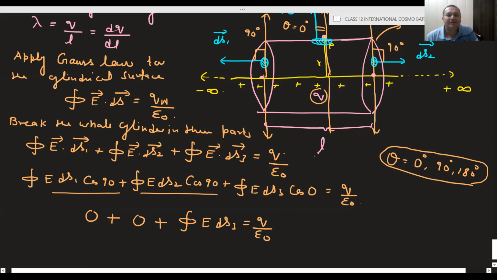And you know, this surface point, each point is on distance r from the wire, and charge is same, so electric field is same on each and every point of the Gaussian surface, so electric field is constant. This is the most important step to take out from it integration sign.